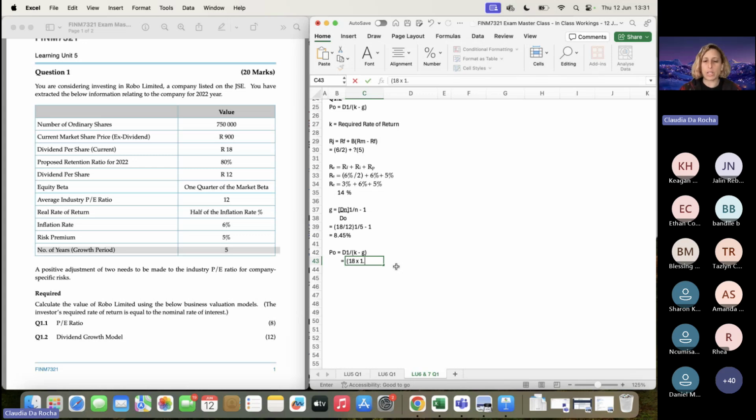So I'm going to say 1.0845, because I want to increase it by the growth rate. I'm then going to divide that by the 0.14 less the 0.0845. I'm going to do it in decimals.